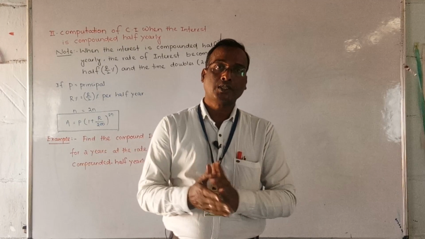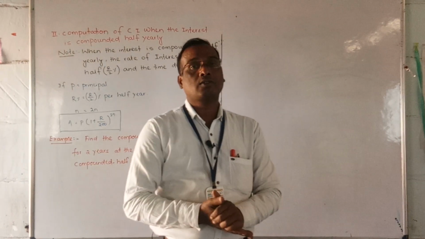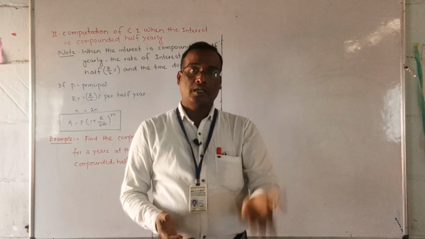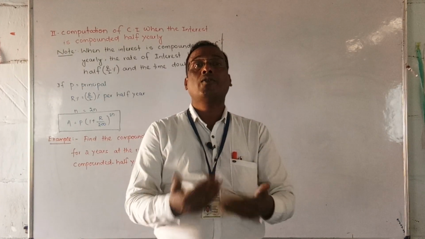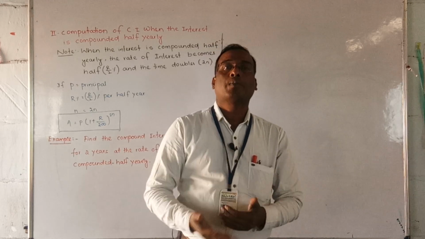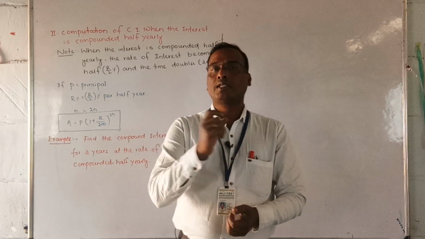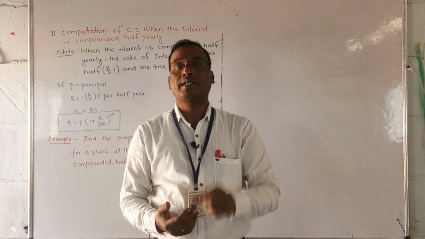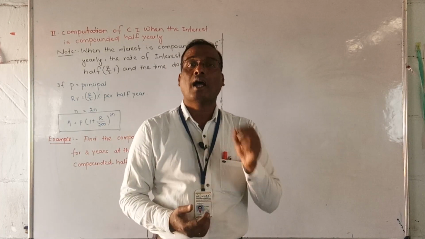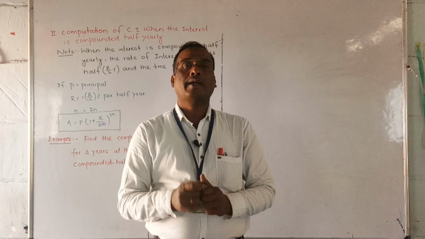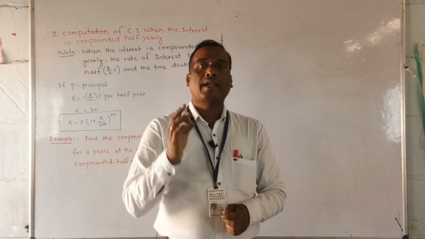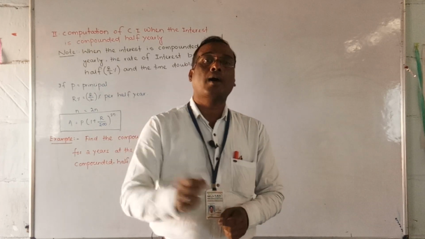But students, now we will find out how we should find the compound interest if the interest is compounded half yearly. One thing you have to remember: whenever you are finding compound interest half yearly, you have to change 2 things. One, the rate of interest becomes half.